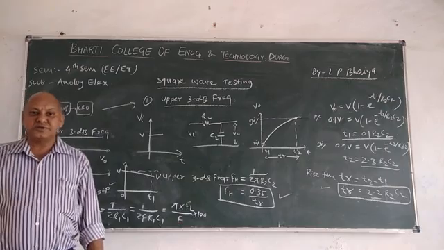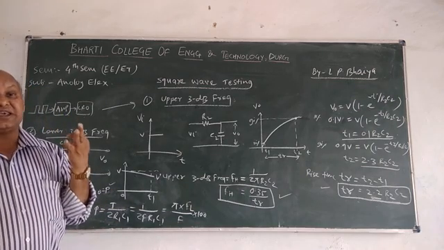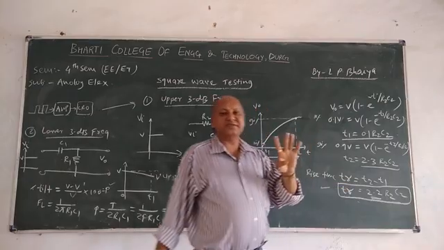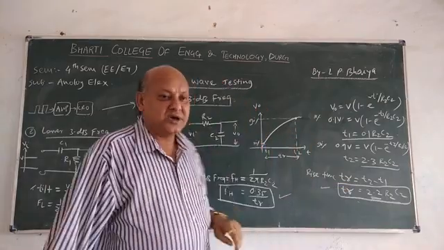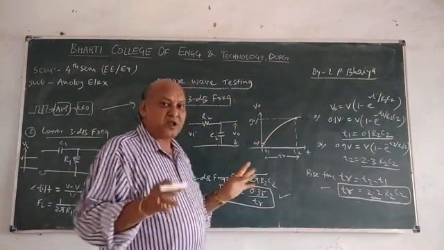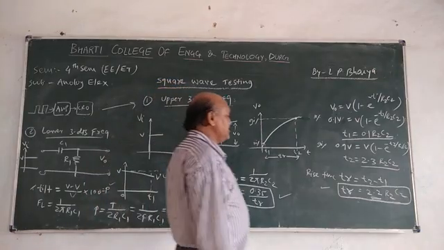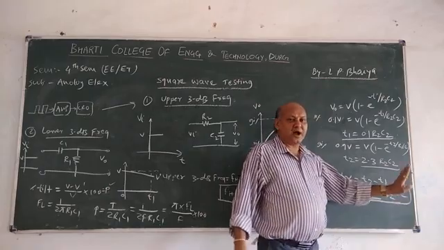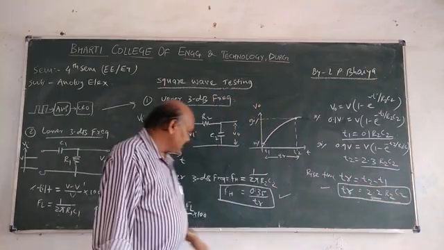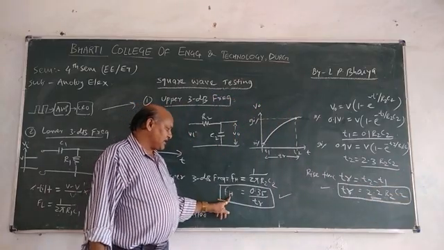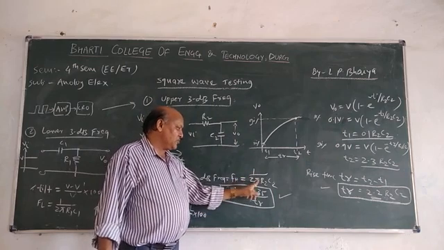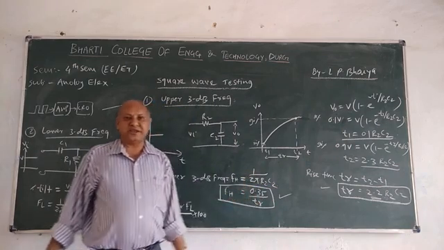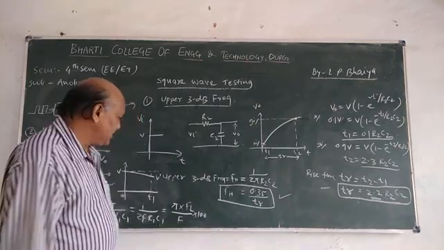So dear students, these four parameters you have to remember as far as the square wave testing article is concerned. One is the rise time, TR is equal to 2.2 R2C2. Another is the higher cutoff frequency, fH is equal to 1 upon 2 pi R2C2, or 0.35 upon TR in terms of the rise time TR.